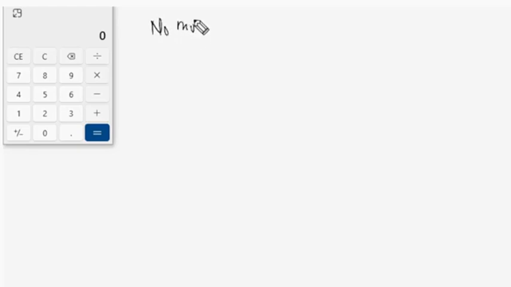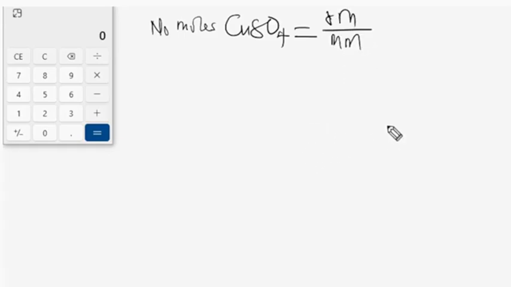Number of moles of CuSO4, copper(II) tetraoxosulfate(VI), will be the reactant mass, let's indicate this as Rm, over the molecular mass, let's indicate it as mm.